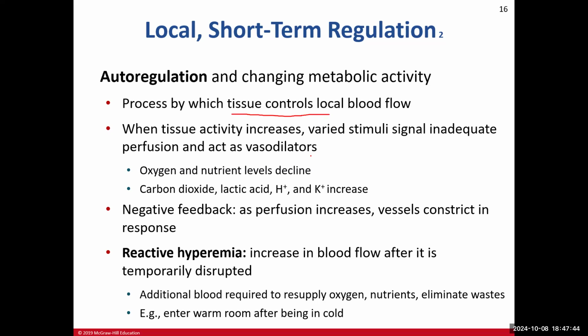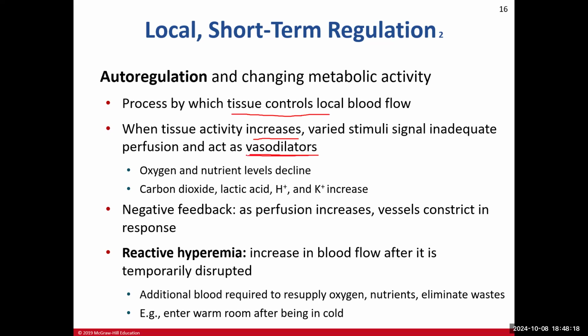All right, so let's look at this example here. Tissue activity increases, so the demand increases. If those tissues are not getting perfused enough, if blood flow is not flowing like it should for whatever reason, we are going to have vasodilator substances being released.